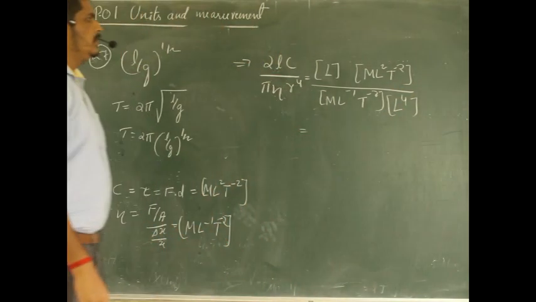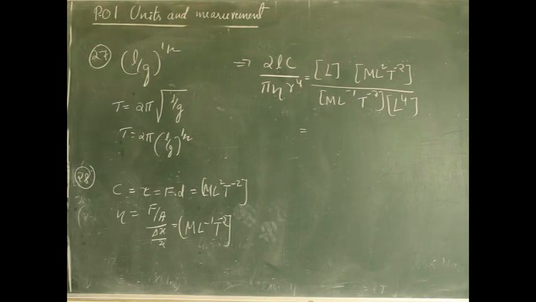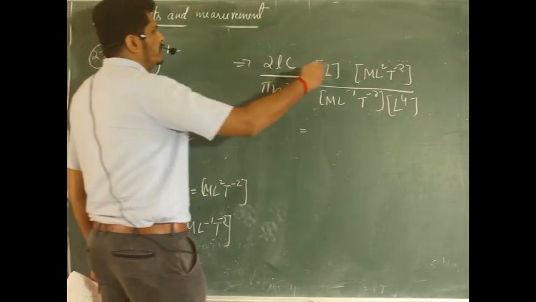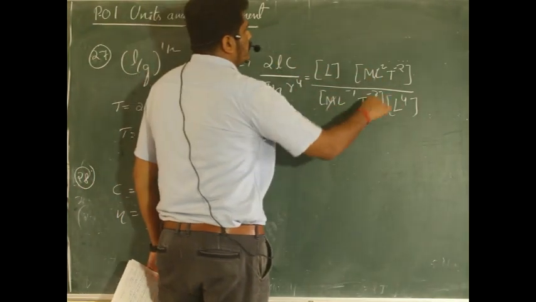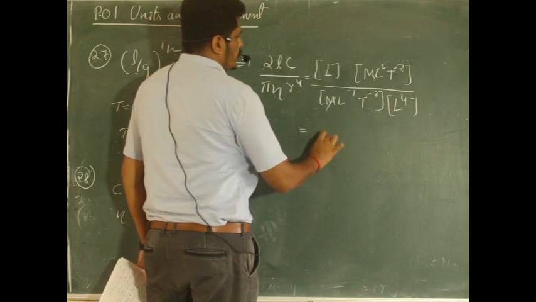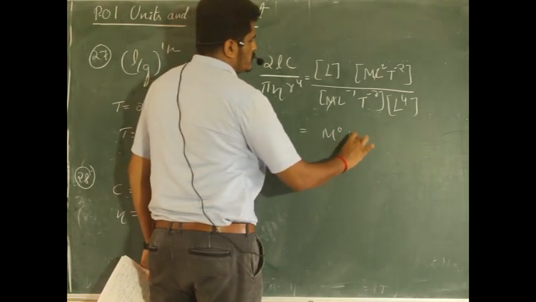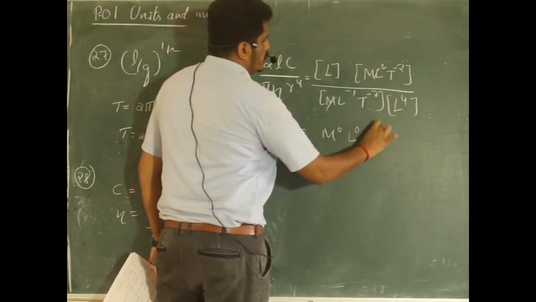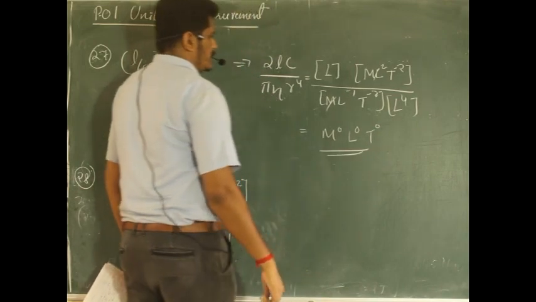So now when you start evaluating this one, L square is there, here minus 1 L is there, so all L will cancel, M will cancel, T also will cancel. So ultimately what you get is, it remains with M0, L0, T0, which is nothing but dimensionless.